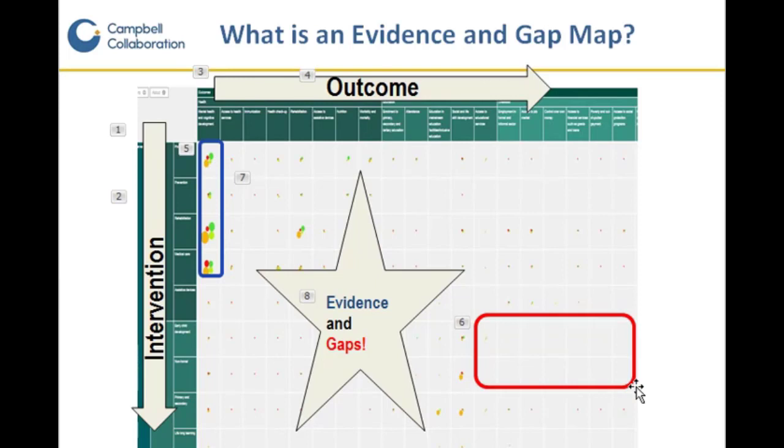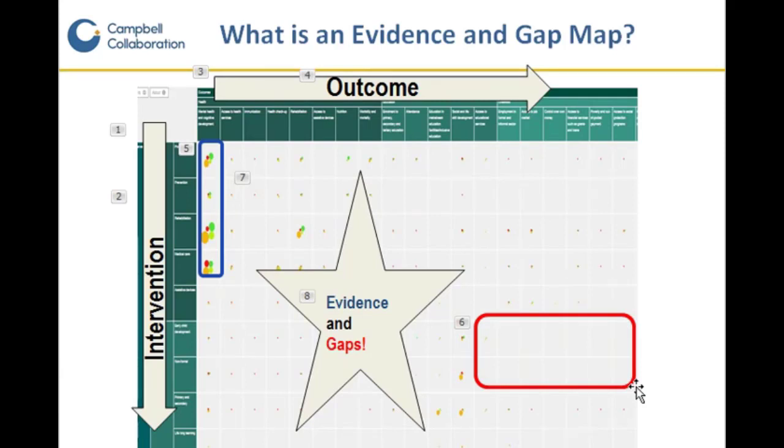The primary purpose of an evidence and gap map is to highlight the areas where we have high quality studies so that those systematic reviews can be used for making policy decisions. It also highlights the areas where you do not have any high quality systematic reviews, which helps us identify weaknesses in conducting those systematic reviews.